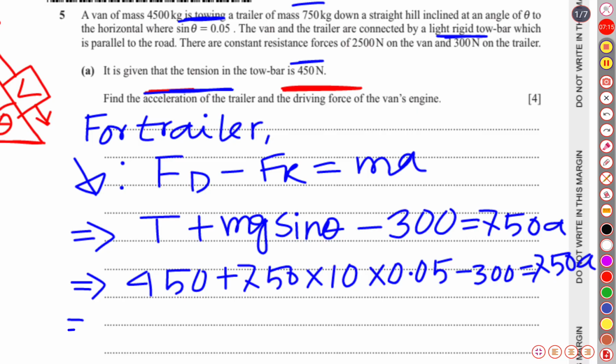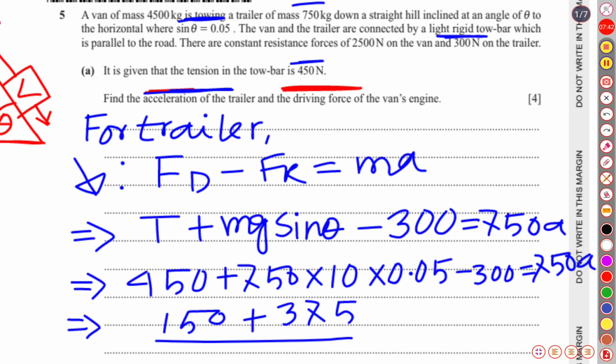Now if we simplify, 450 minus 300 is 150. Then 150 plus, if we multiply 0.05 by 10, it is 0.5, and half of 750 is 375. So 150 plus 375, divided by 750.